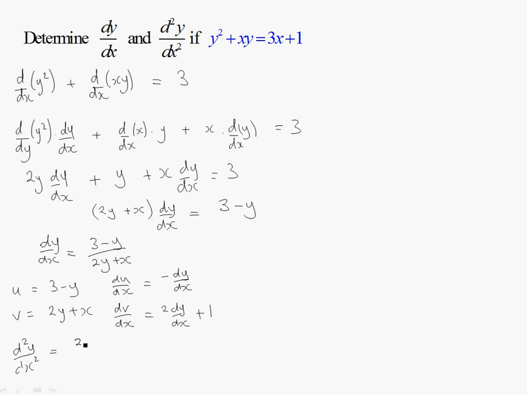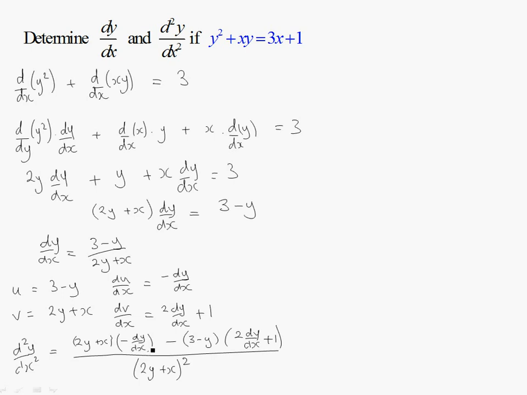So it's 2y plus x times minus dy by dx, minus u times dv, that's 3 minus y times 2 dy by dx plus 1, all divided by v squared, which in this case is 2y plus x squared.